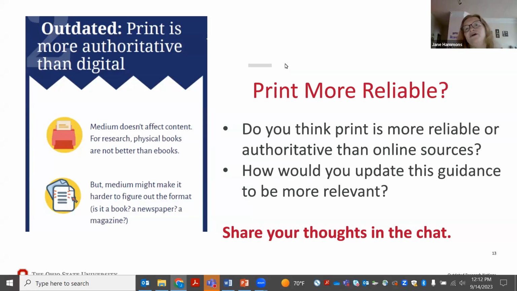So that's a really great point, that we may all agree that this is the case, but there still may be instructors out there, there still may be librarians out there who are providing this guidance. And that's really one of the goals of this workshop, is to kind of shake up some of those things and think about how we might approach things differently. Great.